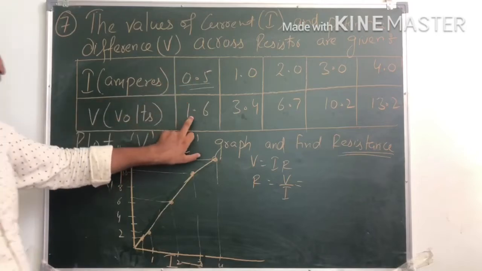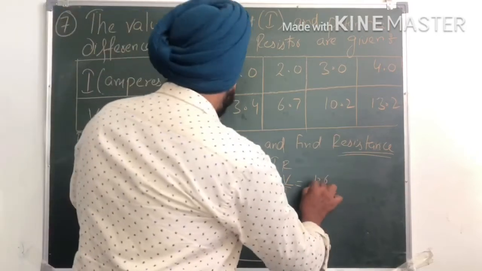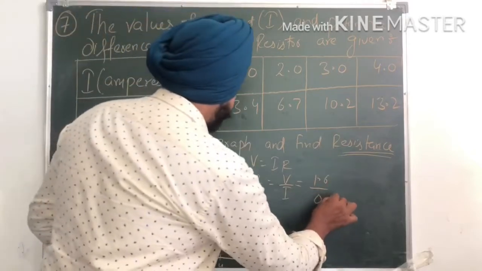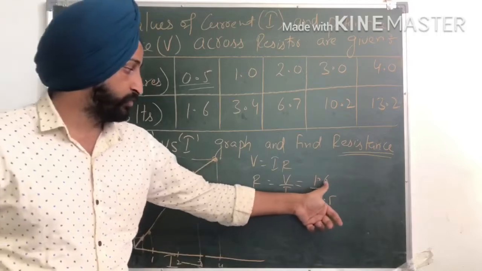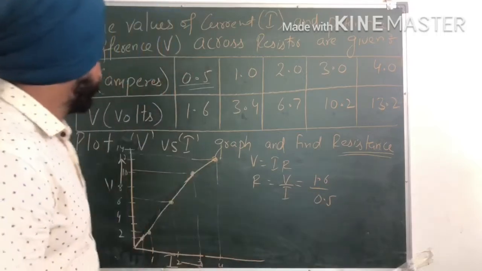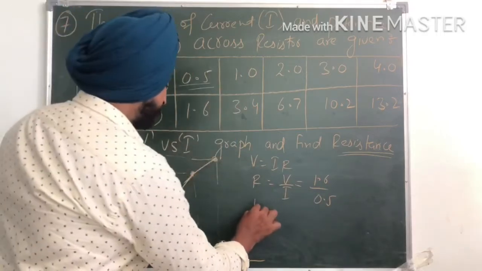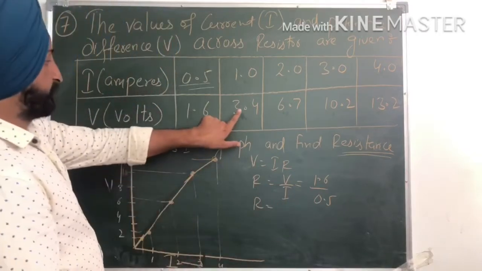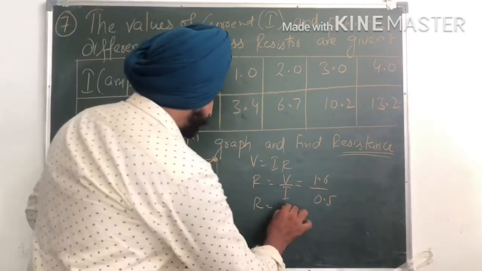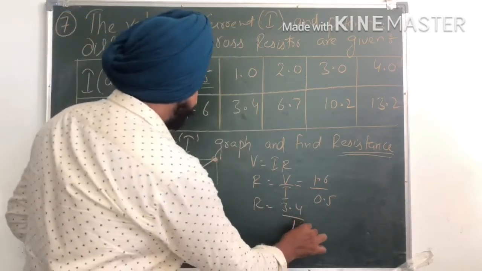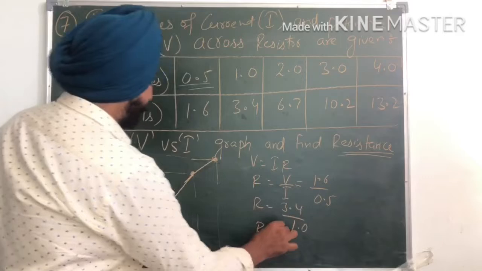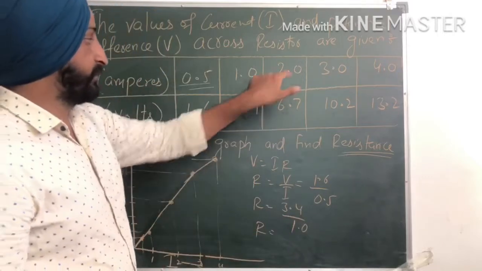Here V is 1.6 and current is 0.5. So firstly I will be having this amount of resistance, 1.6 divided by 0.5. Similarly, from second case, my resistance would be 3.4 divided by 1, that is 3.4 divided by 1.0. Similarly, from third case, I will have 6.7 divided by 2.